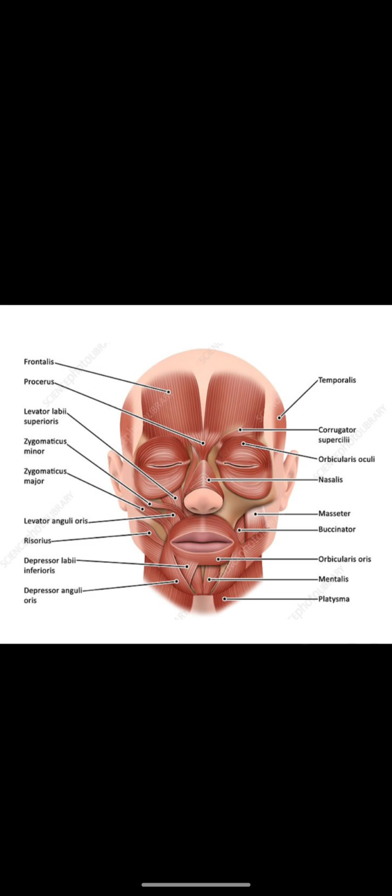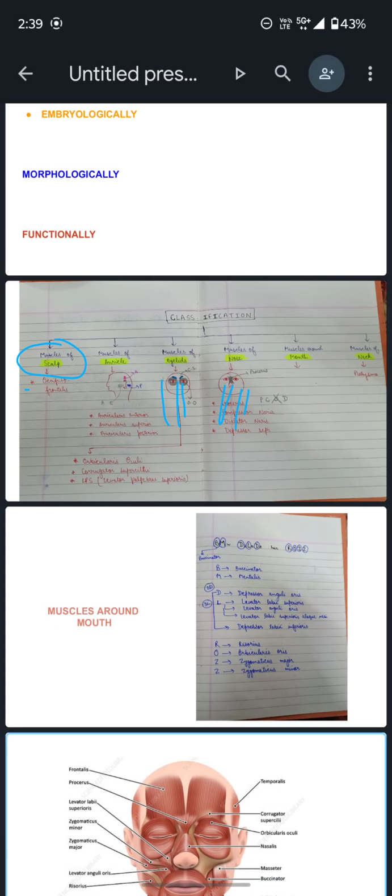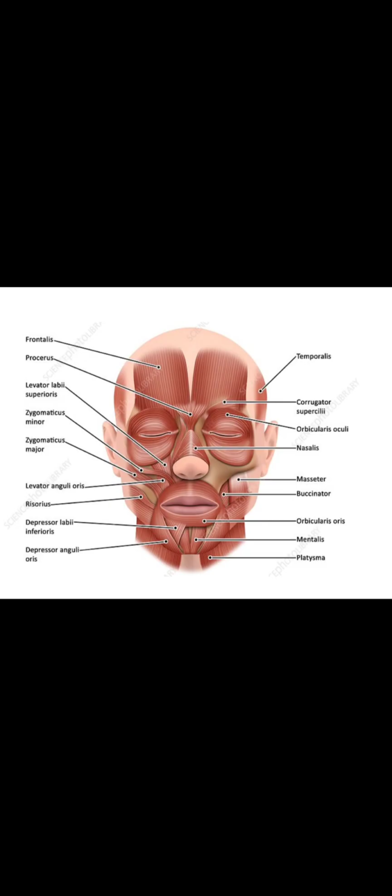Now just have a close look at this diagram. This is the frontalis muscle. It is the part of the occipitofrontalis muscle of the scalp. Now talking about Procerus.